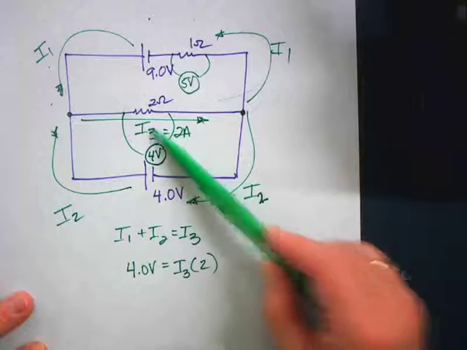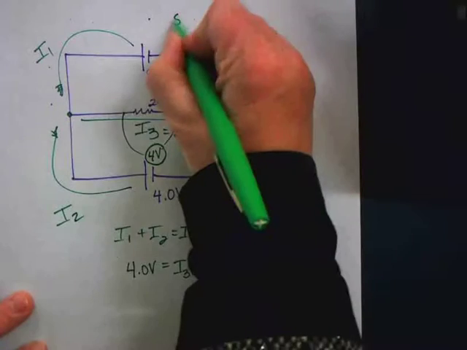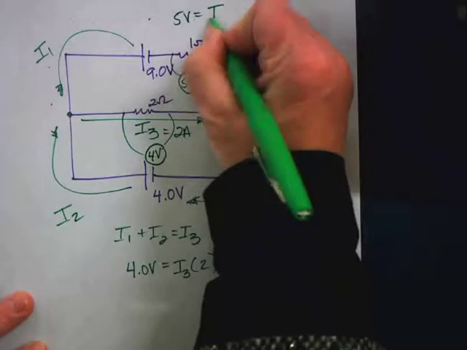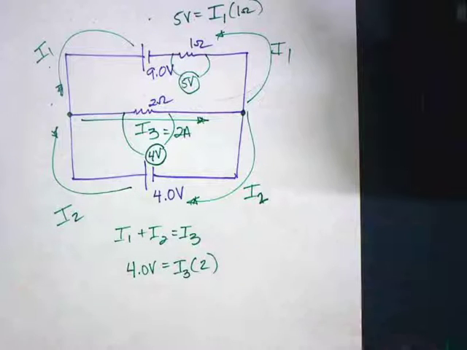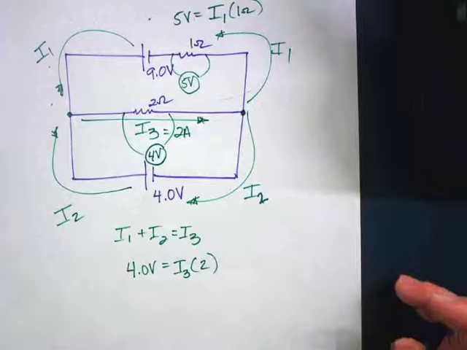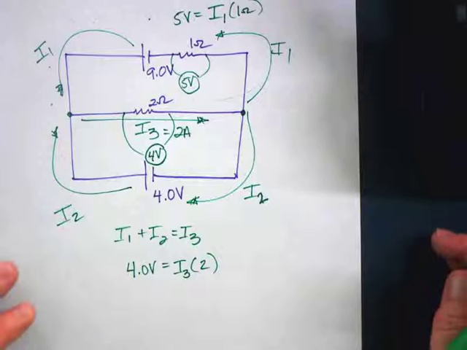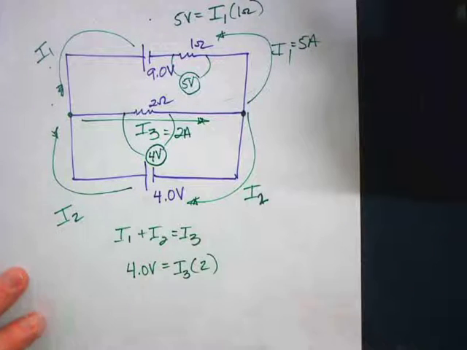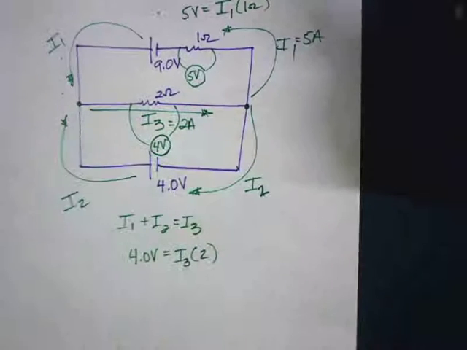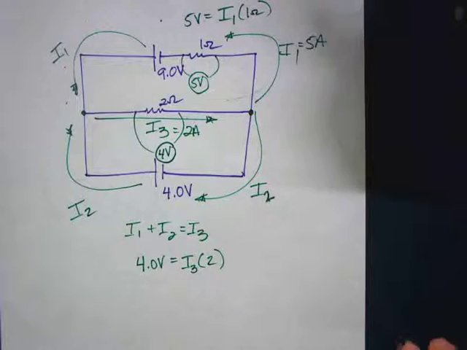I already dropped 4 here, so how many volts am I going to drop here? 5. Now do a little V equals IR just for this resistor. We already know the current here. So 5 volts equals I1 times R. What's the current? 5. Okay.